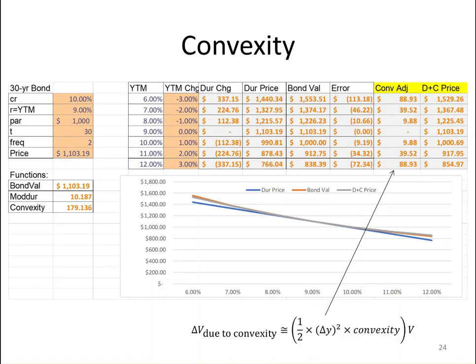Now, before we move into the next section, let's talk about why I even do this. If I can always value the bond, why would I use duration plus convexity to come up with a price? I'll give you the quick answer. When I was working for a big bank, we had tens of thousands of securities. And during the day, interest rates are changing, so yields are changing. And we're always trying to figure out what is the value change of our total portfolio.